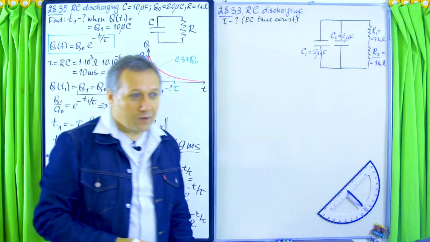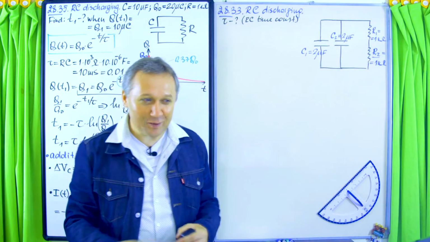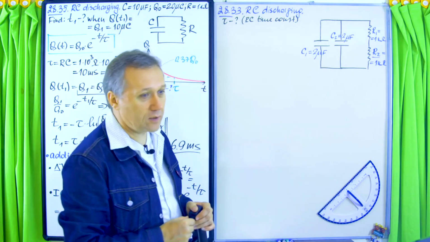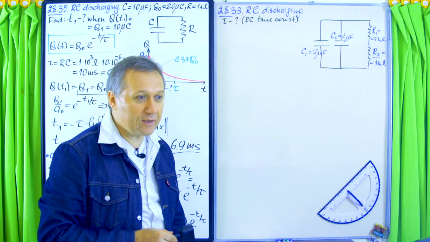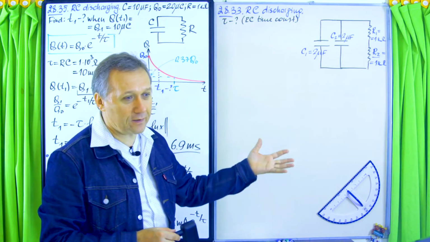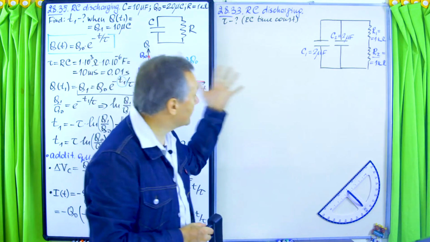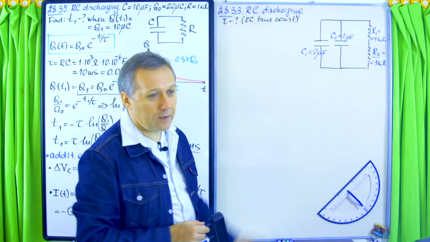Since we know reasonably a lot about the simple circuits, now we can look at this and we can say, so what? We have two capacitors and two resistors, but we can easily simplify it using an equivalent resistor and an equivalent capacitor.